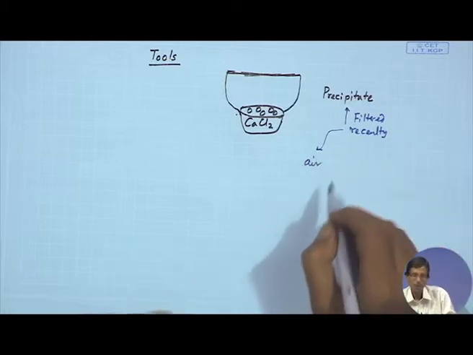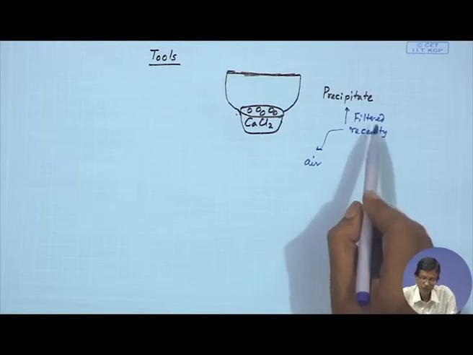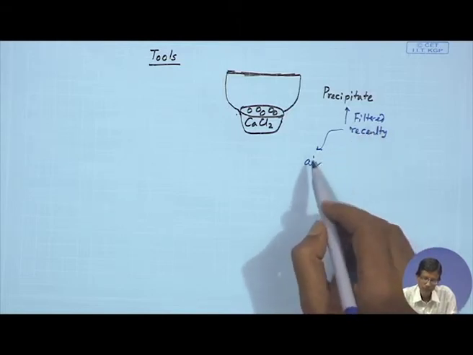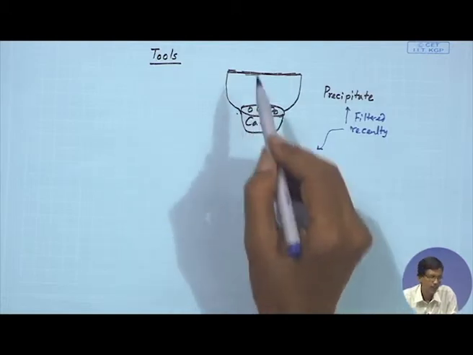So, some amount of moisture or water which is trapped inside the precipitate is dried, then you can put it inside this desiccator.